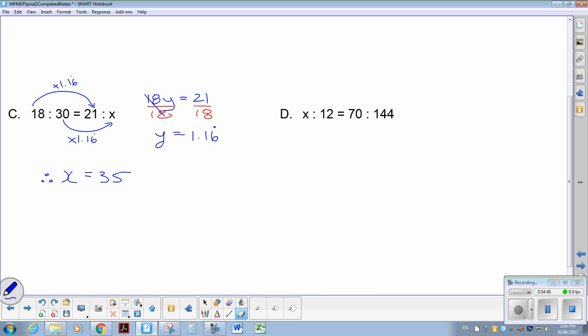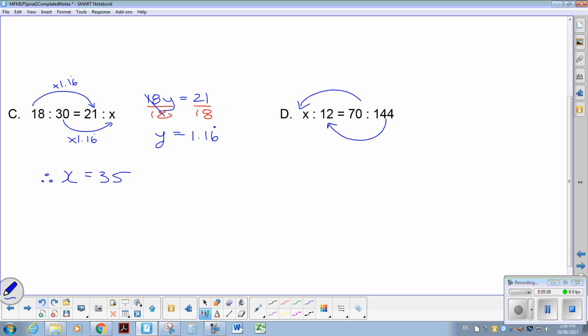I want to be going to the unknown. I don't want to ever be leaving it. So instead of going this direction like I drew, I always want to go to the unknown. Okay? So I'm going to go from 70 to 2x, which means that I'm going to go from 144 to 12. You always want to go to the unknown. It makes it a lot easier to work out the math.